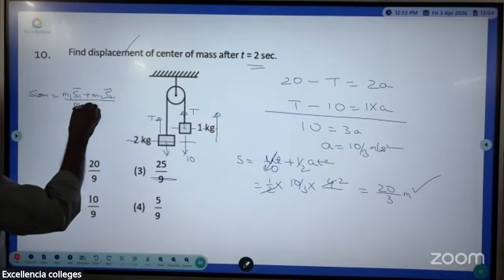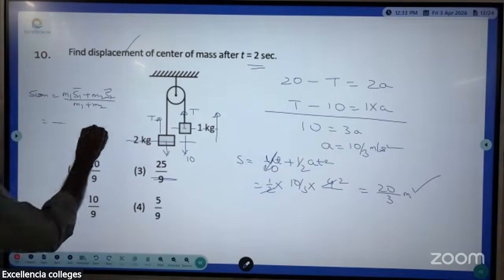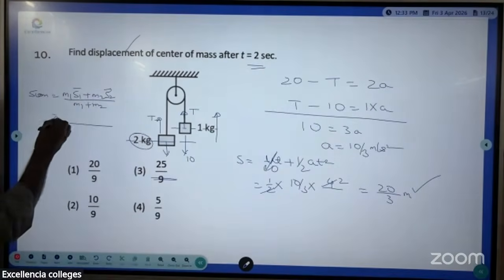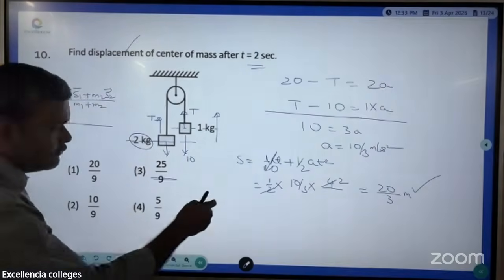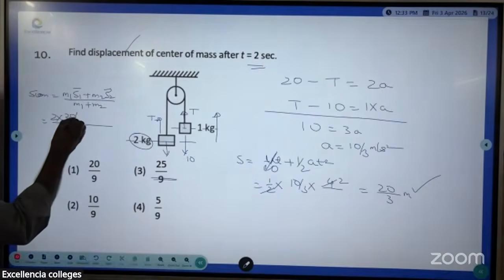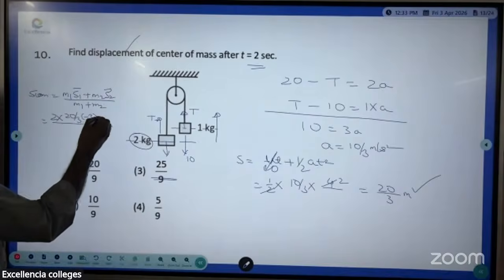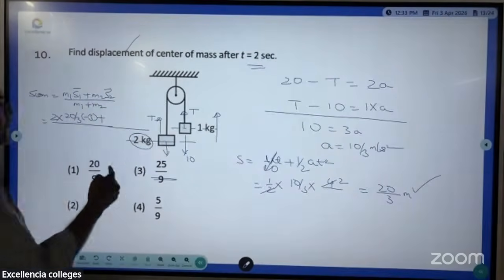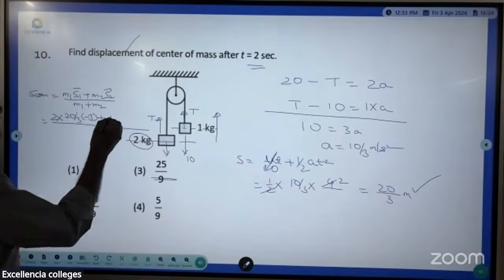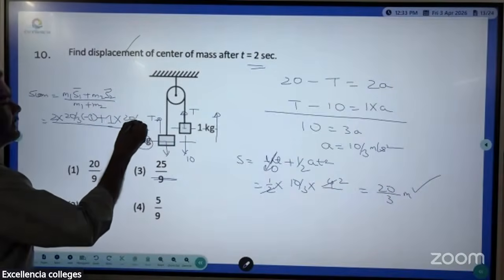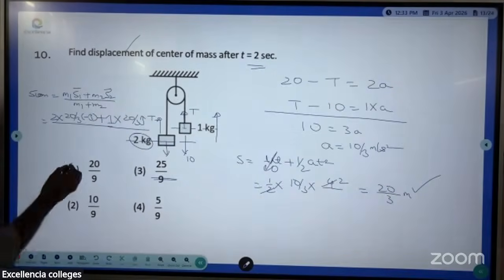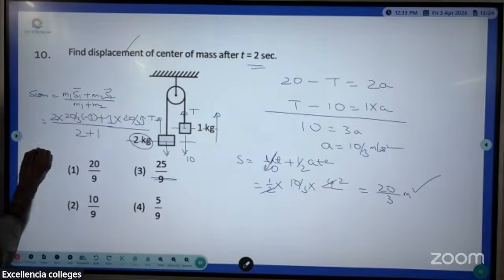Right. So if I write here, the first mass is 2 kg, so we'll write here 2 kg. Displacement of that one is 20 by 3 in the downward direction, so I'll write 20 by 3 minus j plus M2 is the other mass, which is 1 kg, and its displacement is going to become 20 by 3 in the upward direction, j cap, divided by 2 plus 1, and that's going to become 3 here.